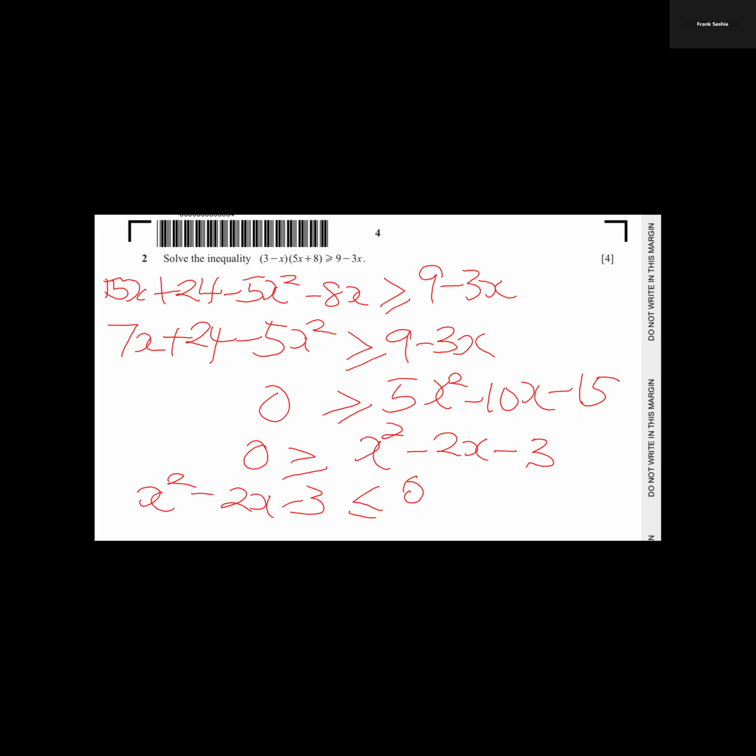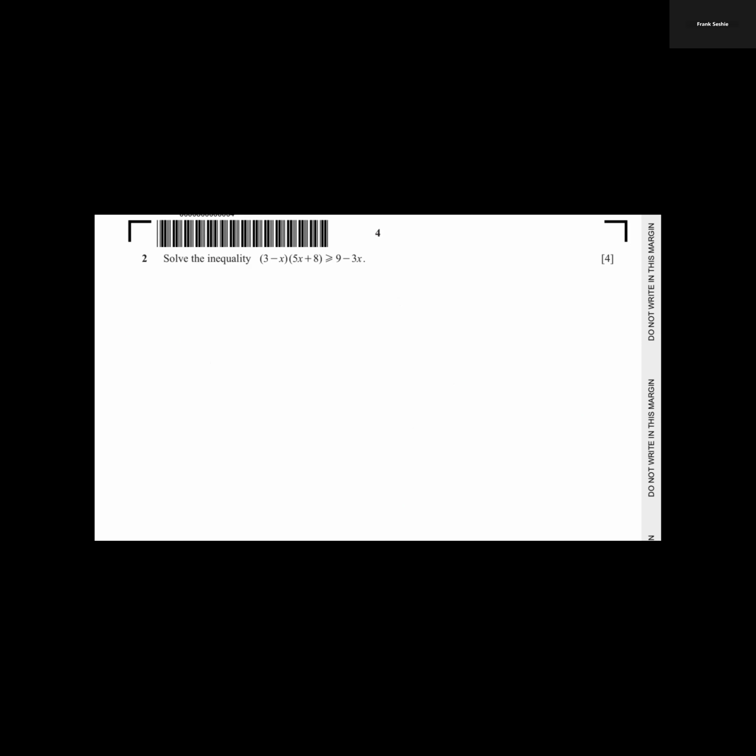So if you now have this, we solve that part. x squared, we're going to use minus 3x and then x minus 3.